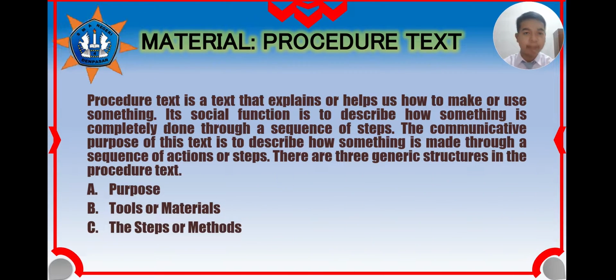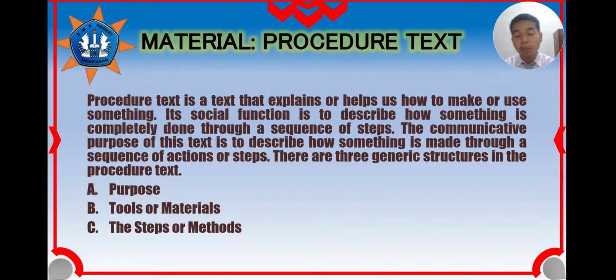In this video, I will explain how to protect myself against the COVID-19 Omicron variant. In this procedure text, there are three generic structures. The first one is purpose, which explains the purpose of the procedure text, exactly to tell someone how to do something.